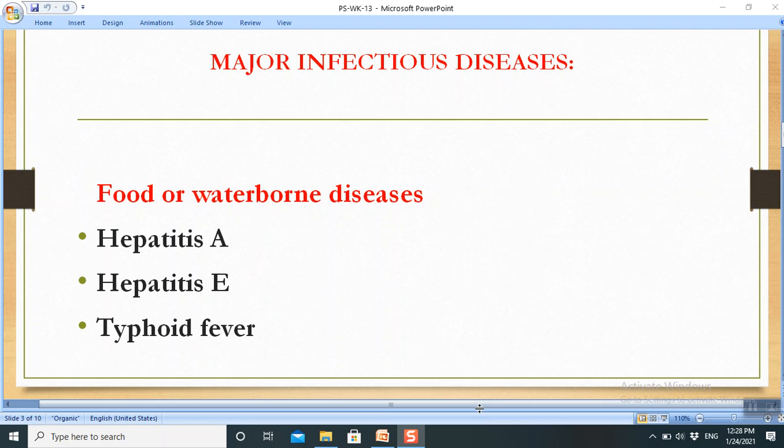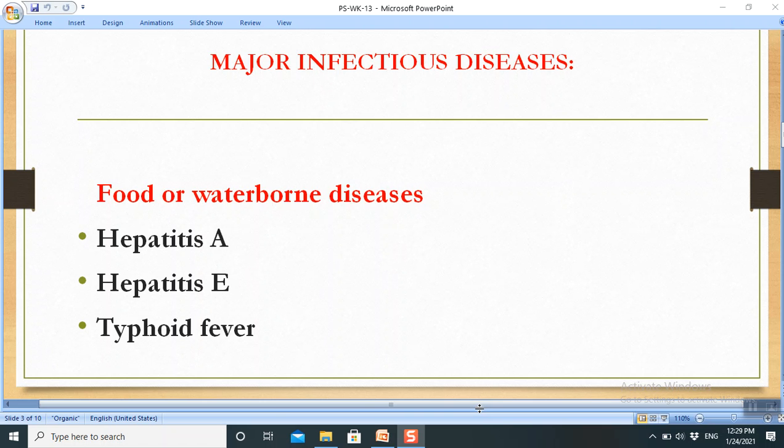Arthropod means insect. It can be any, like mosquitoes or flies. There are also the water contact diseases and the animal contact diseases. We just take a very precise look at the diseases.